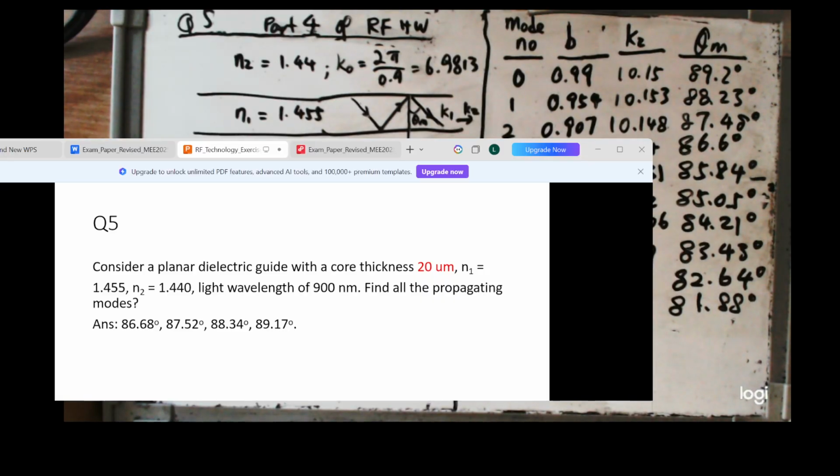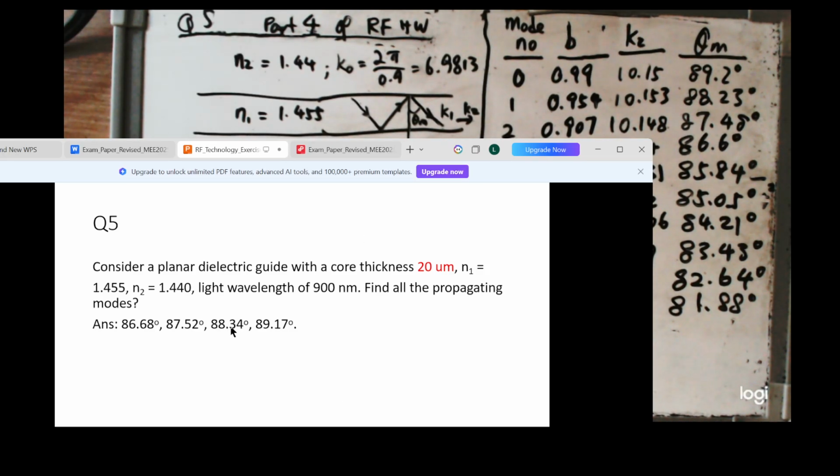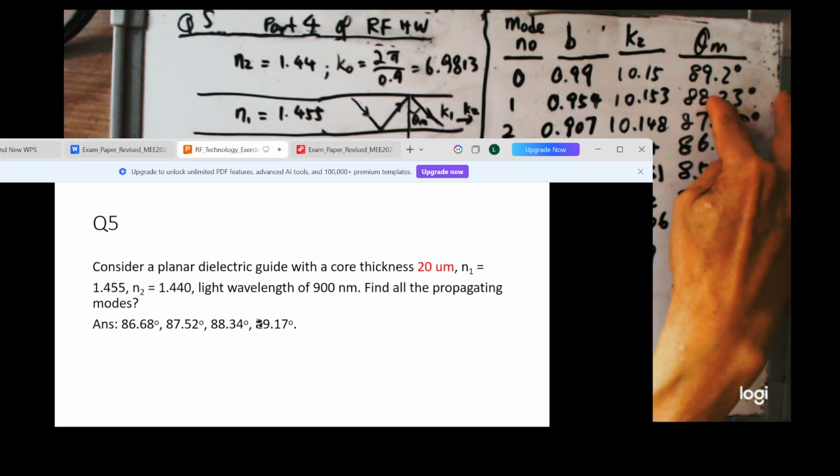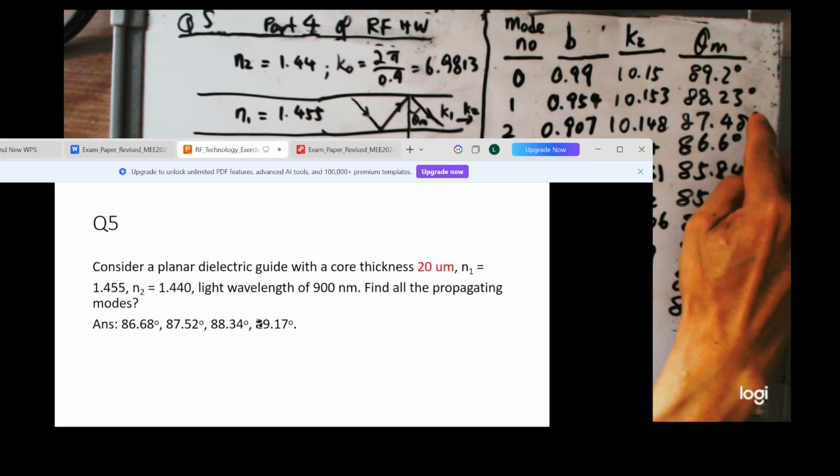Now the last angle 89 corresponds to 89.2, and the second one 88.34, which is exactly, sorry, 88. Yeah, I got 88.23.